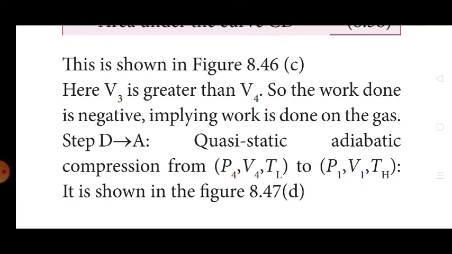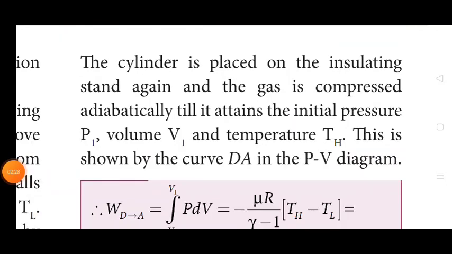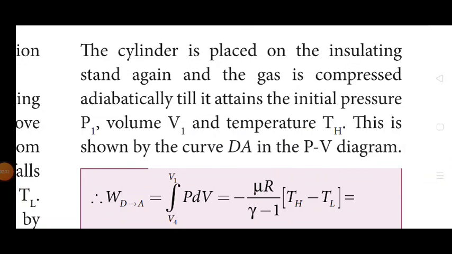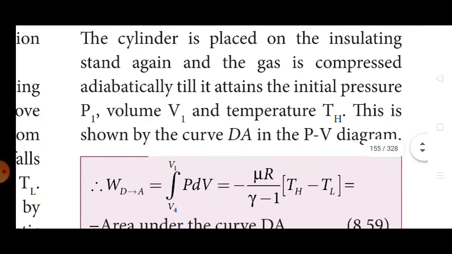Step D to A, quasi-static adiabatic compression from P4, V4, TL to P1, V1, TH. The cylinder is placed on the insulating stand. Again, the gas is compressed adiabatically till it attains the initial pressure P1, volume V1, and temperature TH. This is shown by the curve DA in the PV diagram.